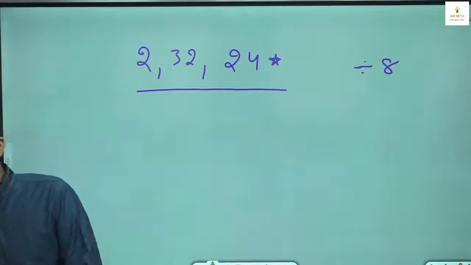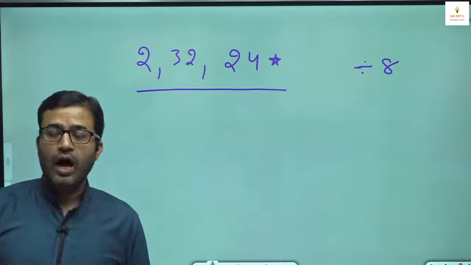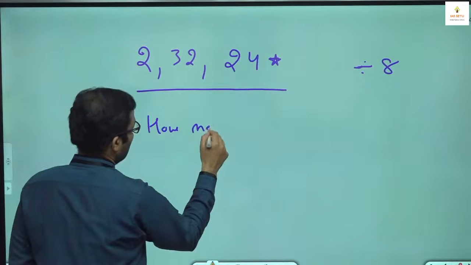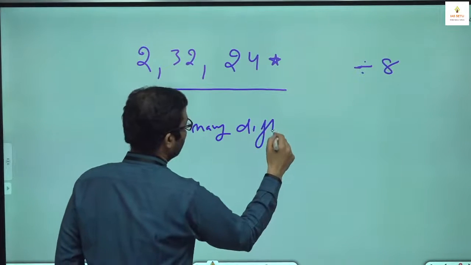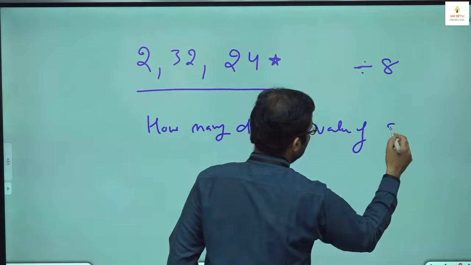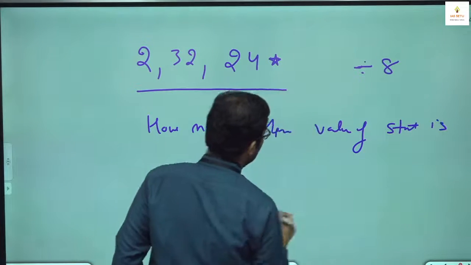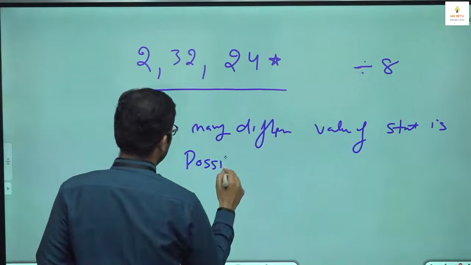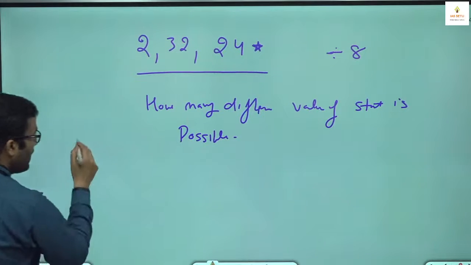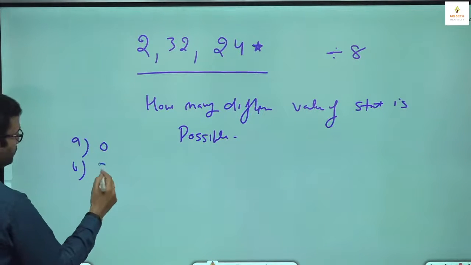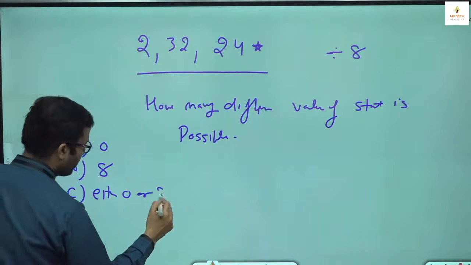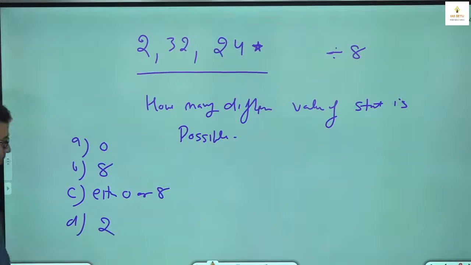How many different values of this star are possible? I give answer options. Answer option A 0, answer option B 8, answer option C either 0 or 8, answer option D 2.